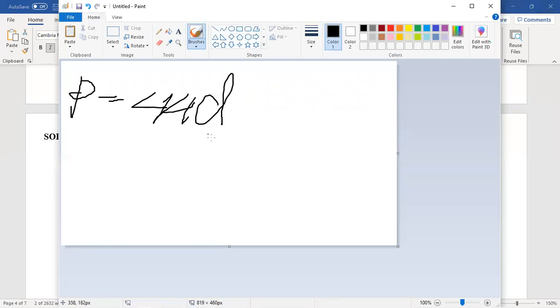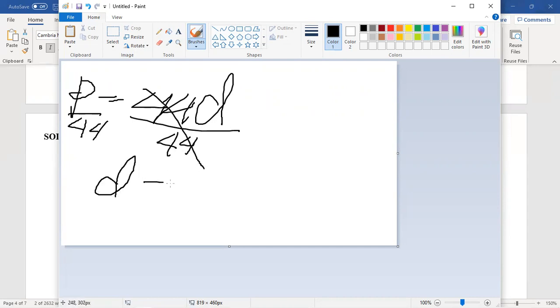What we are looking for is D, so we divide both sides by 44. The 44s cancel. So we have here D is equal to P over 44.